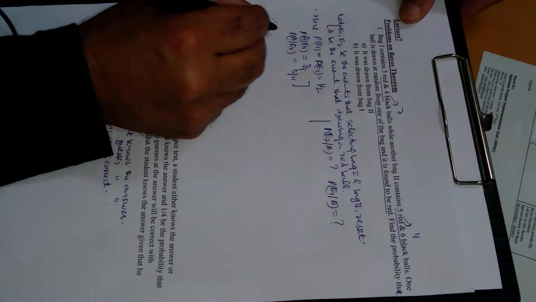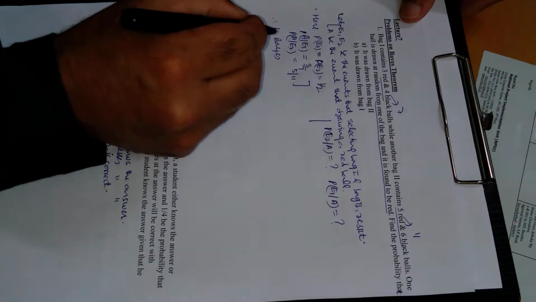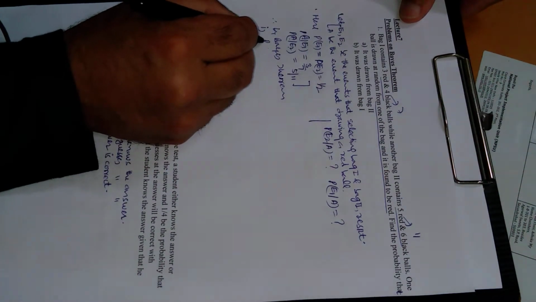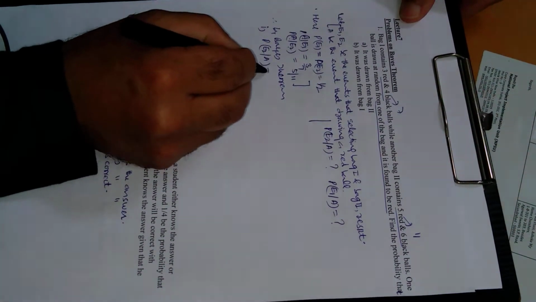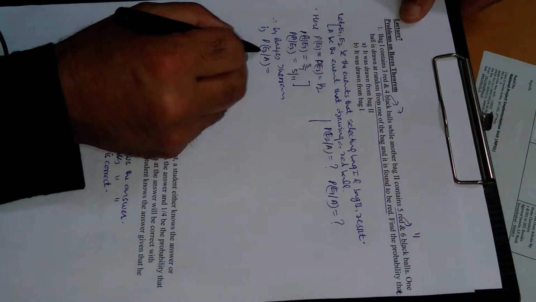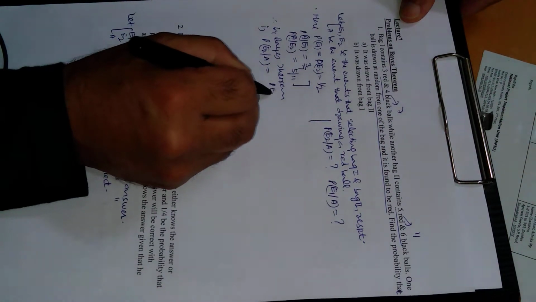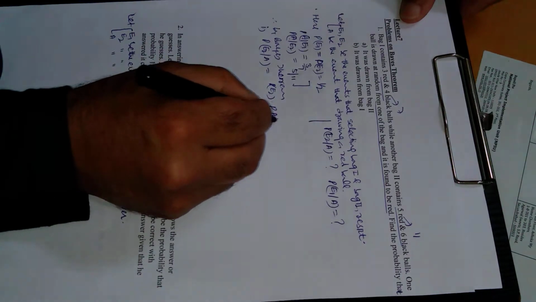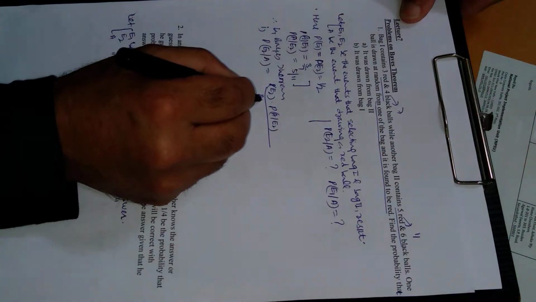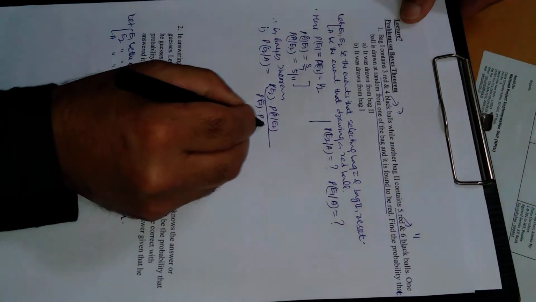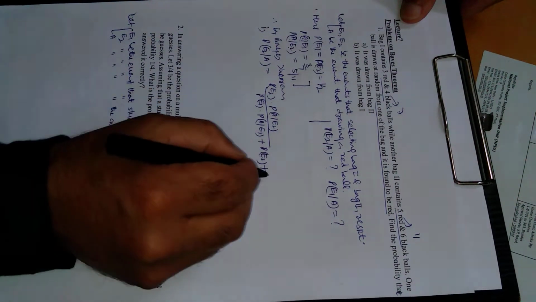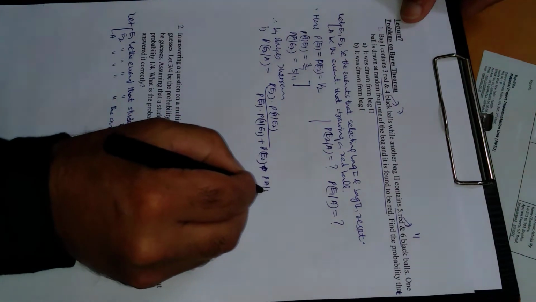Therefore, by Bayes theorem, first of all we have to find probability of E2 given A. As we know from the previous lecture, if you put i equal to 2 in the general formula for Bayes theorem, this will come out to be probability of E2 into probability of A when E2 has already occurred, divided by two terms, because two events are there: P of E1 into P of A when E1 has already occurred, plus P of E2 into P of A when E2 has already occurred.